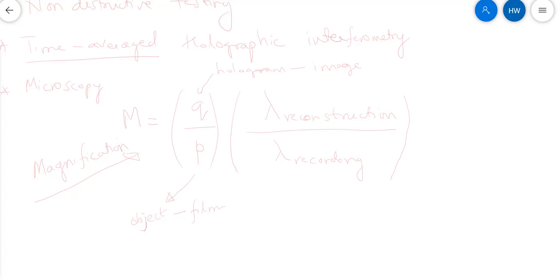So you see the magnification is given by these ratios. So typically this ratio can be 1, for example.